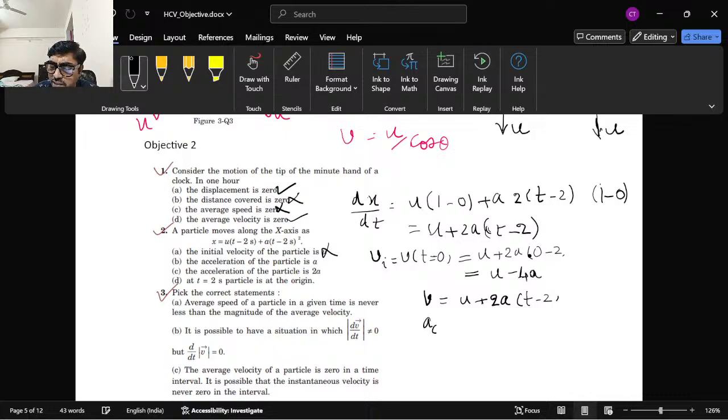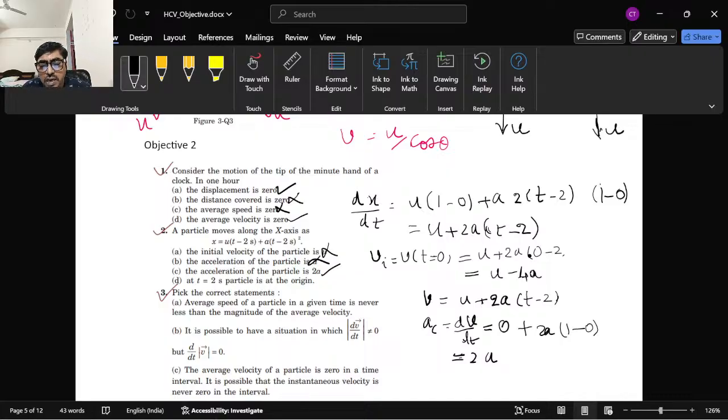Acceleration I will write as AC, because this A is under AC, the acceleration, you may get confused. This is dv by dt. Differentiate: u differentiation is 0 because u is constant, plus 2a into t differentiation is 1, minus 2 differentiation is 0. So acceleration is how much? 2a, not a. So option B is also wrong. Acceleration of the particle is 2a, correct.